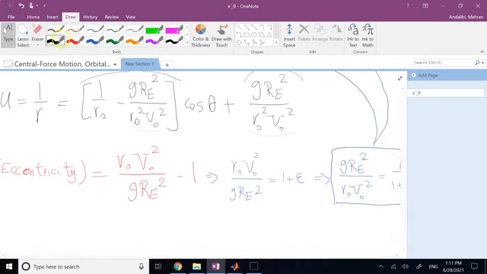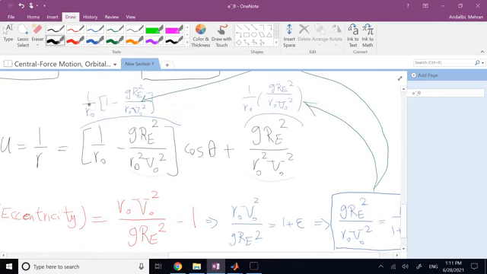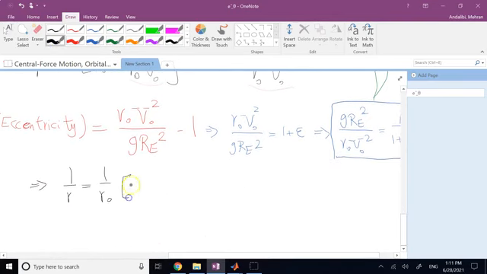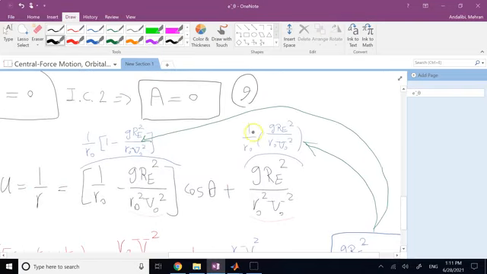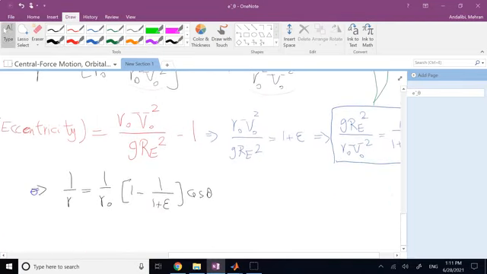And if you do that, then you will get 1 over R is equal to 1 over R naught, which you had over here, times 1 minus 1 over 1 plus epsilon times cosine of theta. And then here it's going to be 1 over R naught times 1 over 1 plus epsilon.